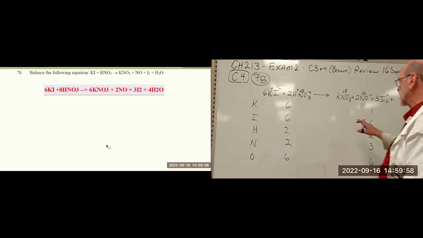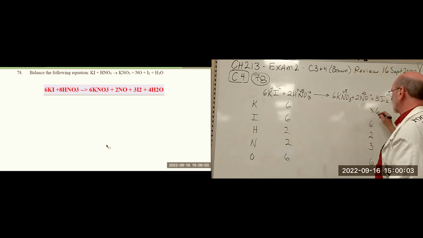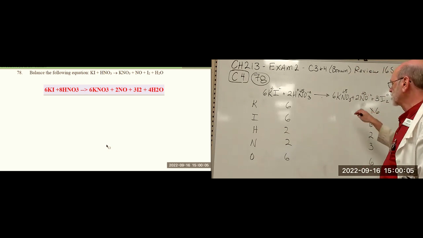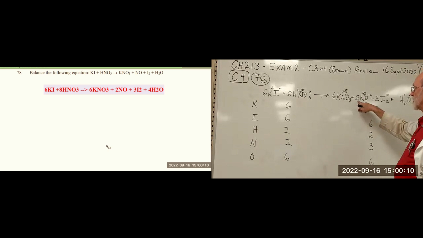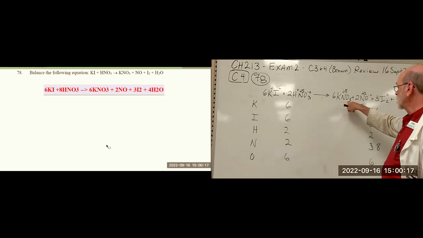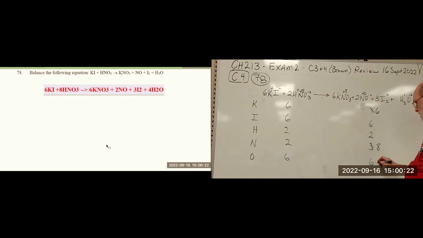Okay. Let's see. If we do 6 potassiums here, that balances that one. What does that do to the rest of them? Okay. 6 nitrogens, 6, 7, 8. That makes 8 nitrogens. And it makes 3 times 6 is 18, 19, 20, 21 oxygens. Okay.